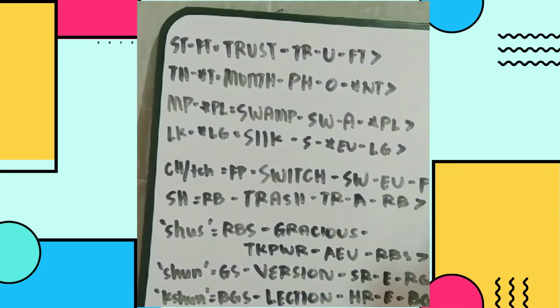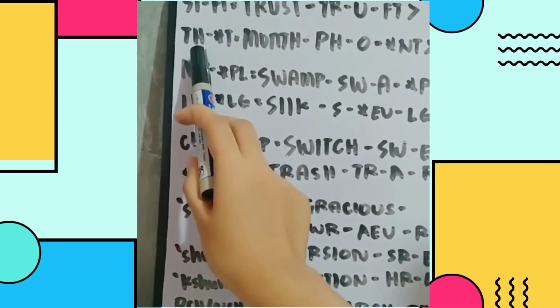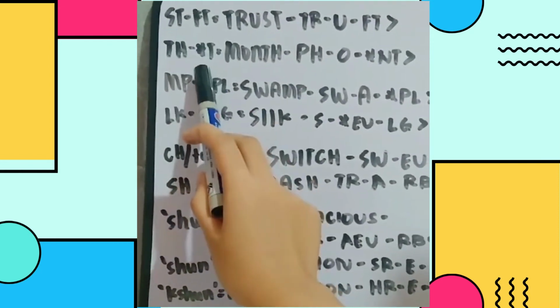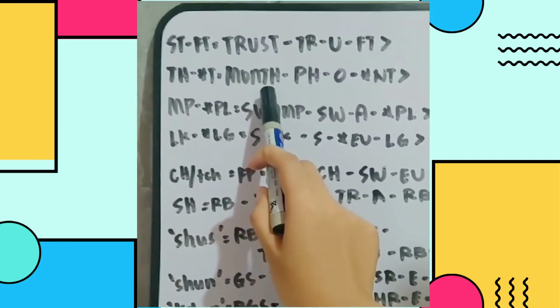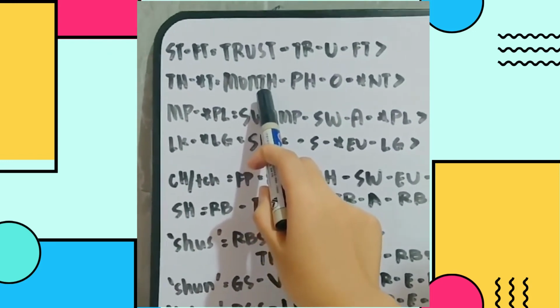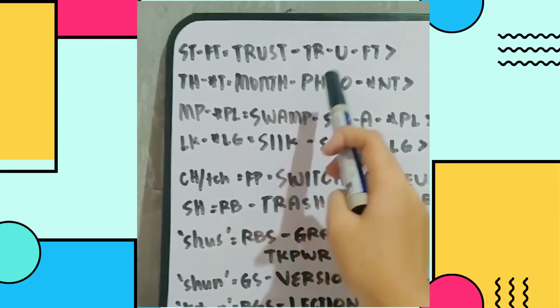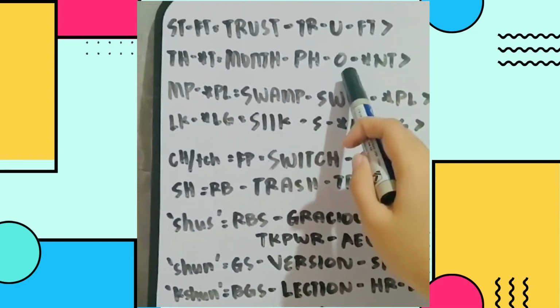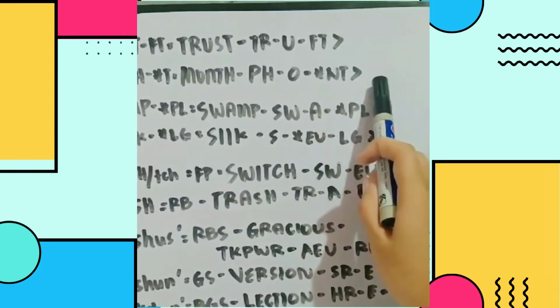Next example is TH. The ending word is TH, and the represent code is asterisk T. So the example word is month. If we read and type it, it should be initial PH, vowel O, and ending asterisk NT, then release.